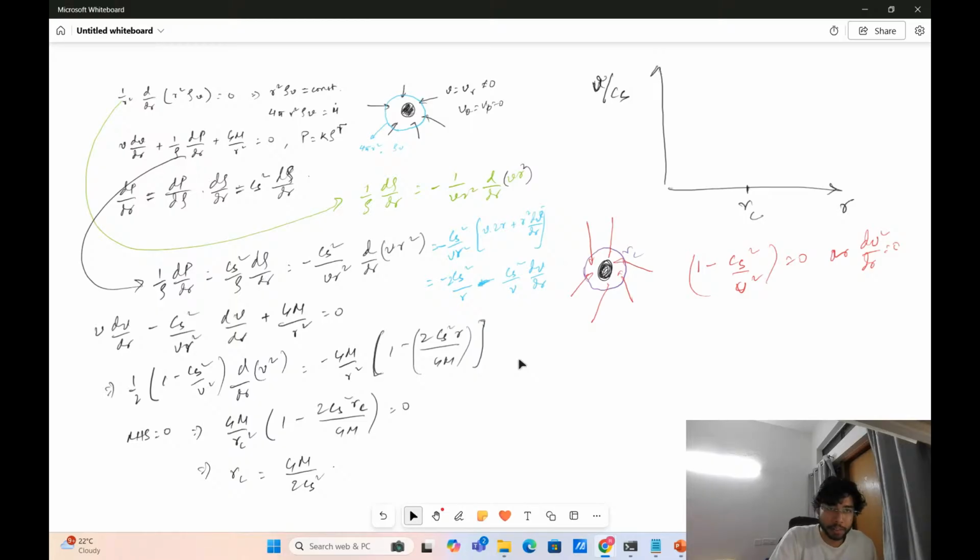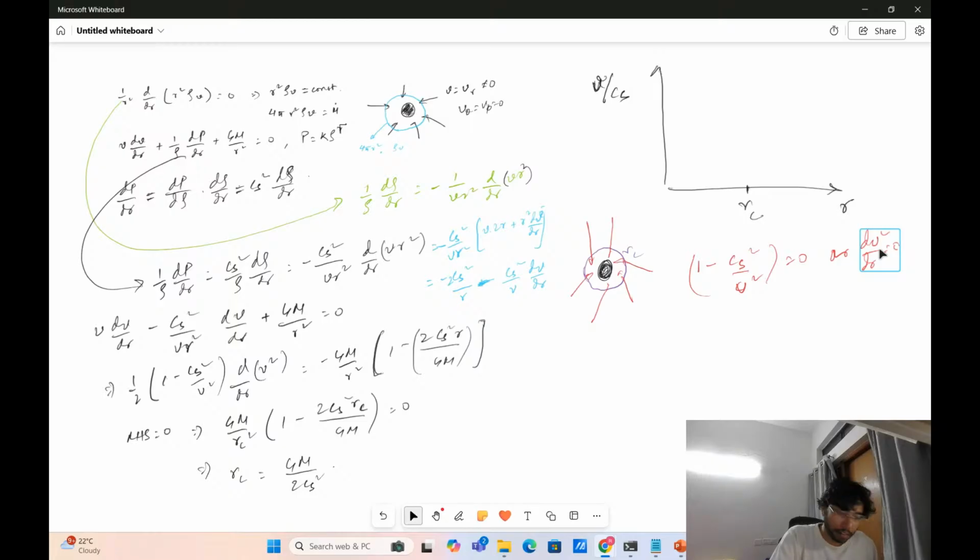There are only two possibilities. Okay. Now we will look at one possibility at a time. Let's look at the second condition first. So del V square is zero.